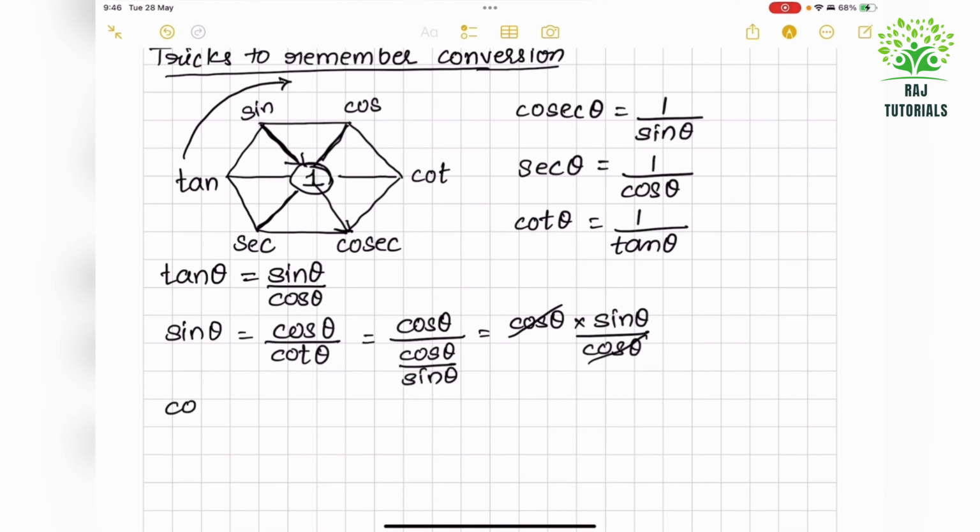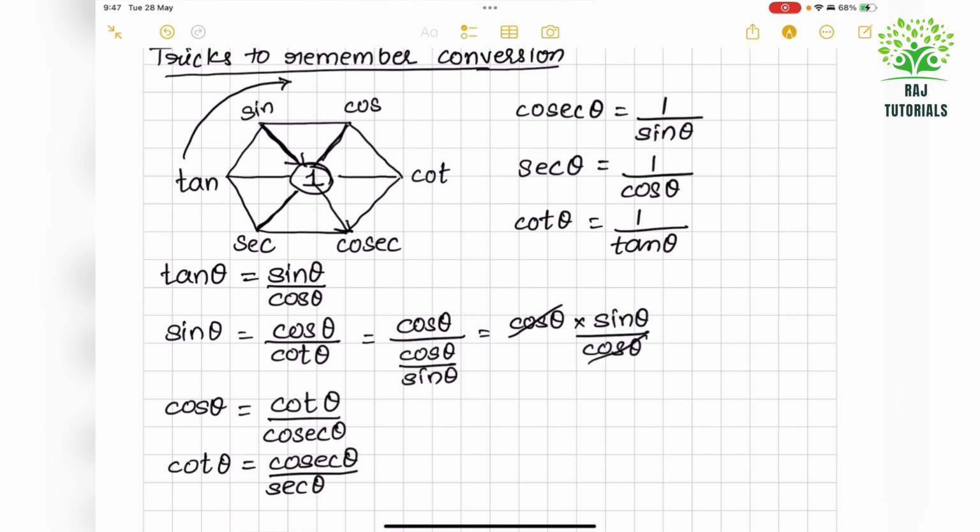Same way, if I want to find cos theta, I can say cot theta upon cosec theta. So if clockwise I go, I will get one pattern of formula. Then cot theta will be cosec theta upon sec theta.